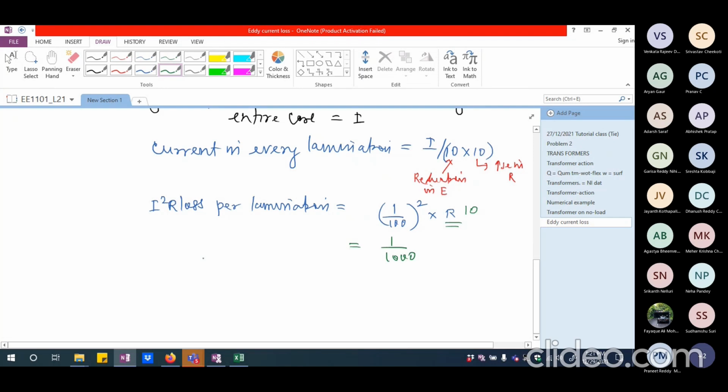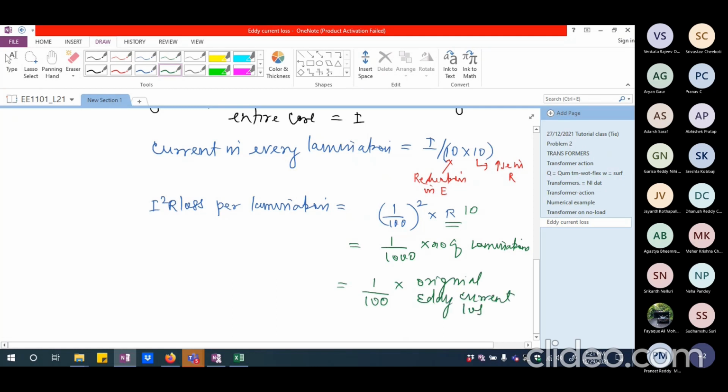But I have to multiply this by the number of laminations themselves. And the number of laminations now is 10. So this is going to become 1 by 100 times whatever was the original eddy current loss.